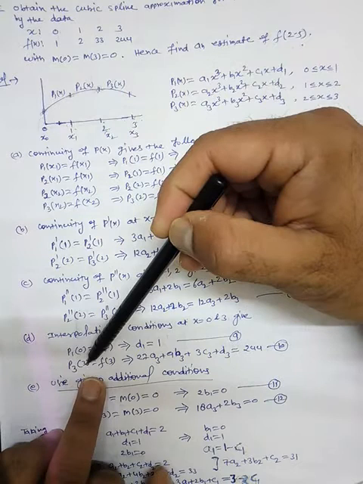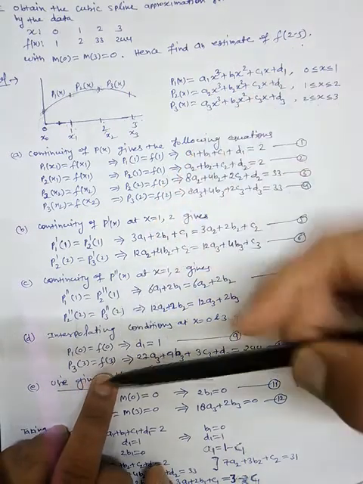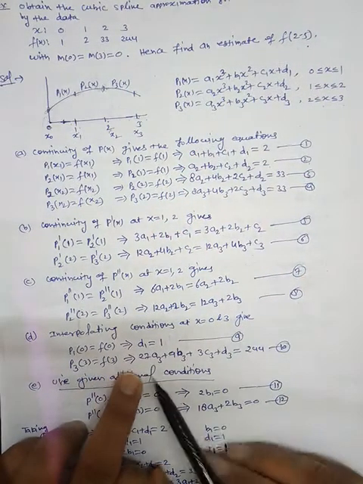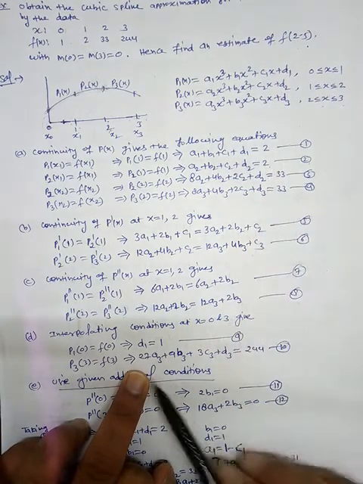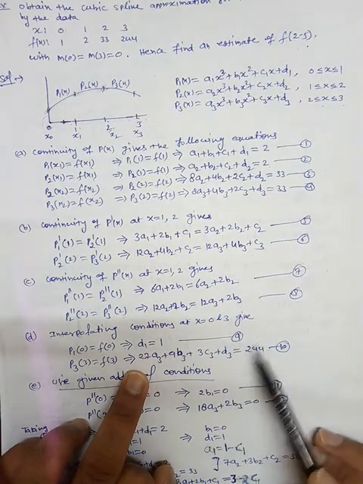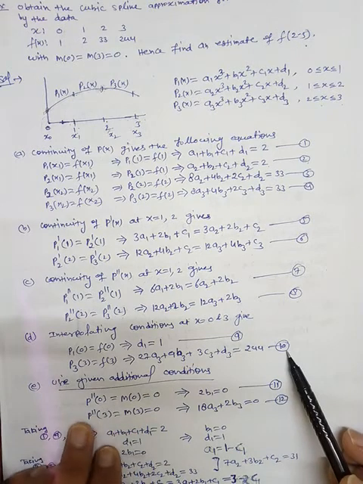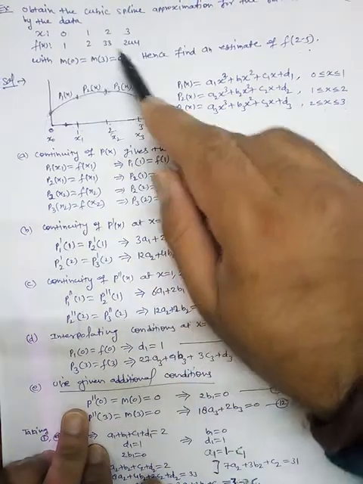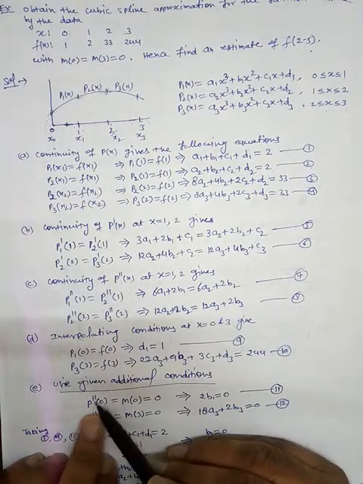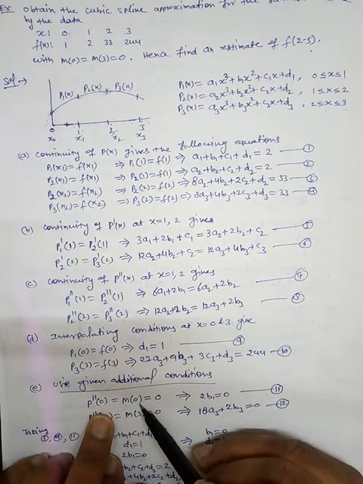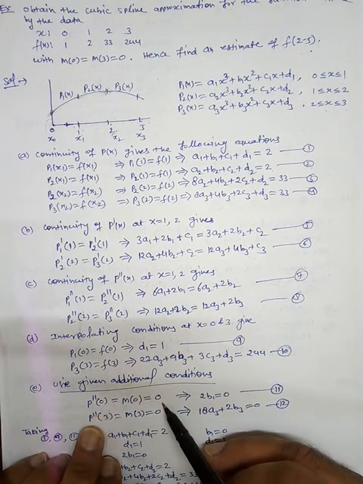So P3 at 3 is equal to f of 3. This implies in this polynomial put x equal to 3. So this is equal to 244. Tenth equation. Okay. Additionally, we have two more conditions. Here m means second derivative. So P second derivative at 0 is equal to m0, which is already given to you as 0.